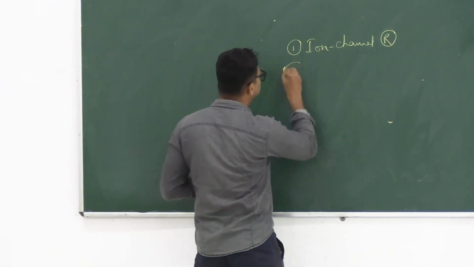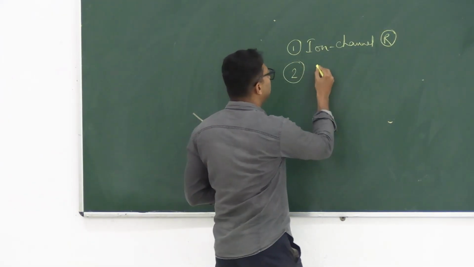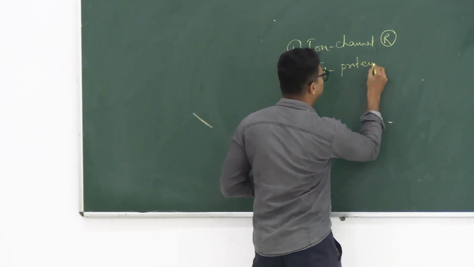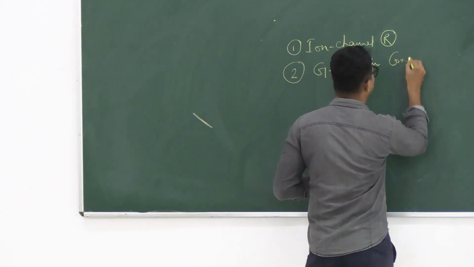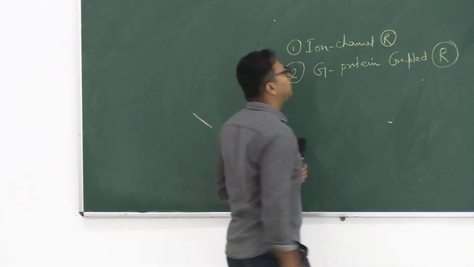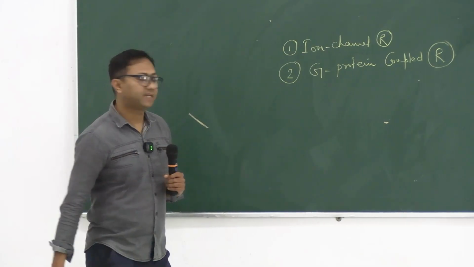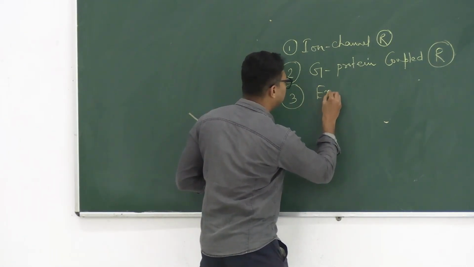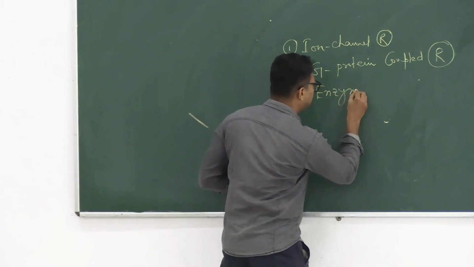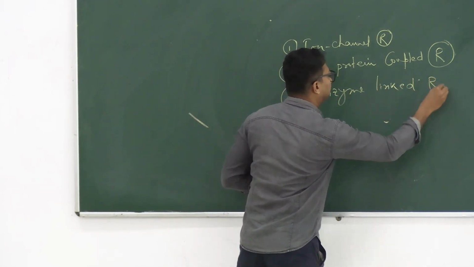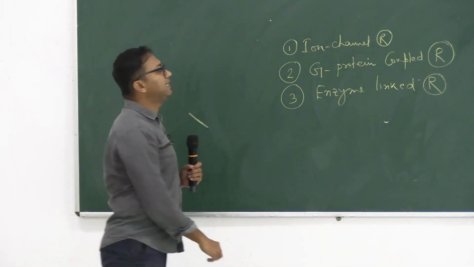Two is G protein coupled receptor. ठीक है. And third is enzyme linked receptor.